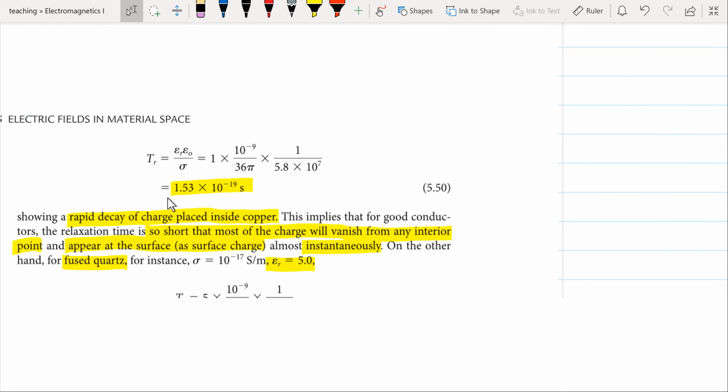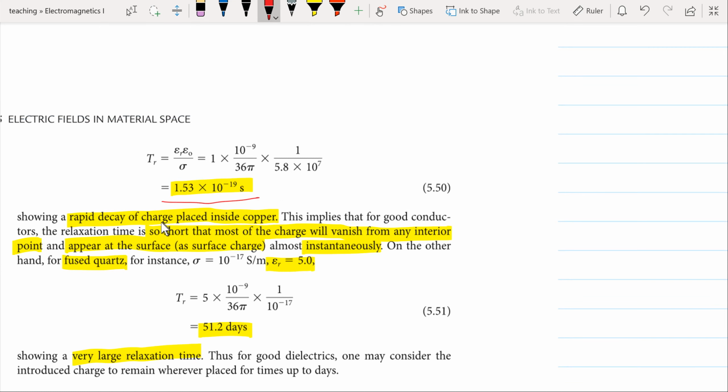The decay for a good conductor is very, very short. That is how we say there is a very rapid decay of charge placed inside a conductor such as copper. This implies that for good conductors, the relaxation time is so short that most of the charge will vanish from any interior point and appear at the surface of the conductor almost instantaneously.